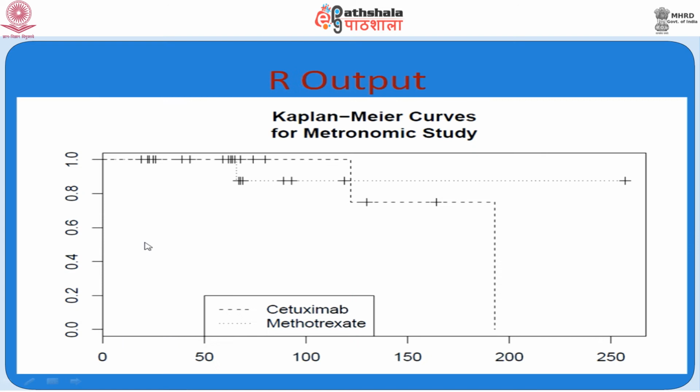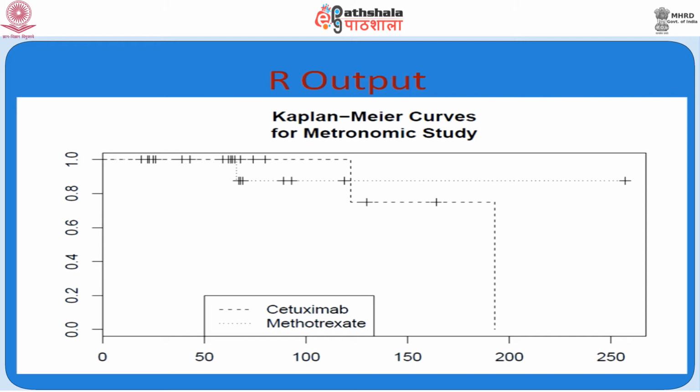Now see the R output. It gives the title, Kaplan Meier curves for metronomic study. As we have mentioned the legend, it is giving us the legend starting from 50 on the x-axis and ending at 0.2 on the y-axis for cetuximab and methotrexate.